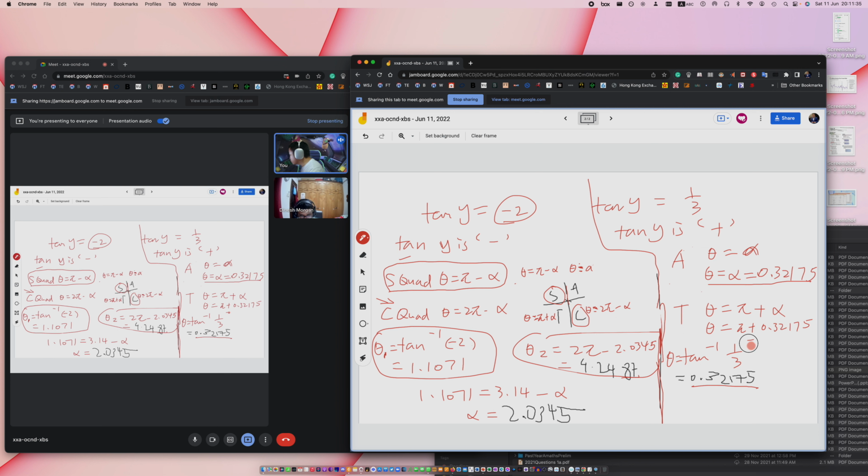So this will give you another. Can you help me solve this? So this is one answer. That's right, write your answer there.